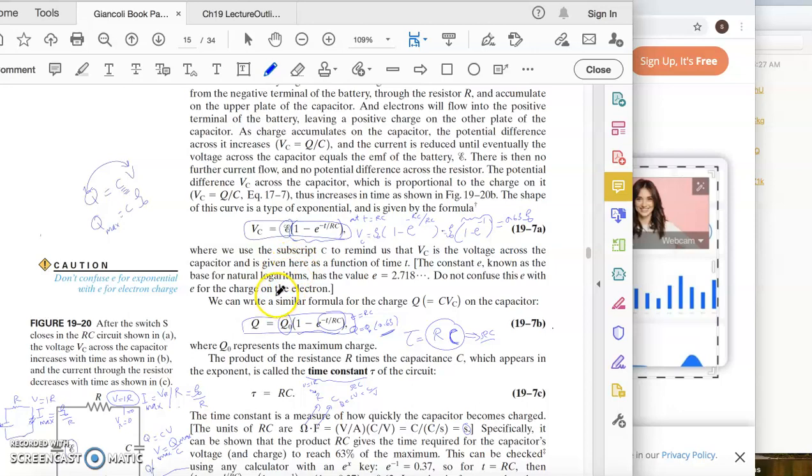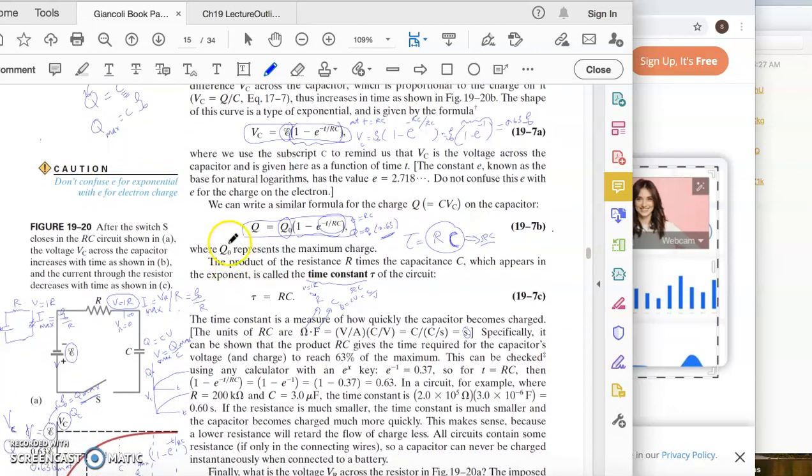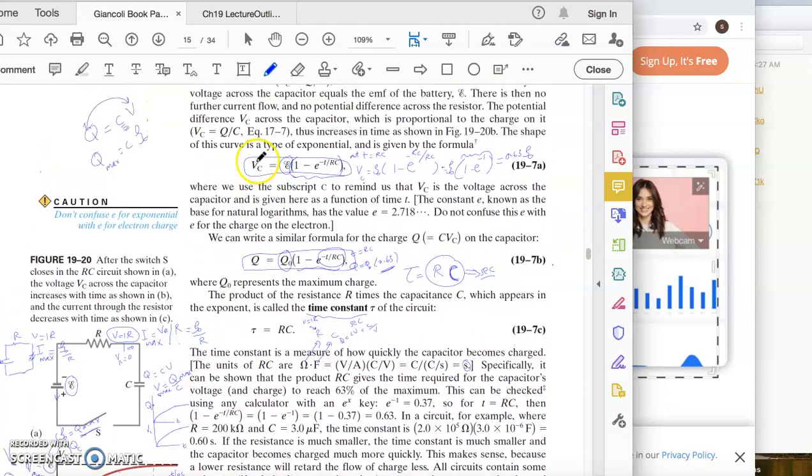Today, I am devoting this video to talk about the voltage across the resistor in the charging process.